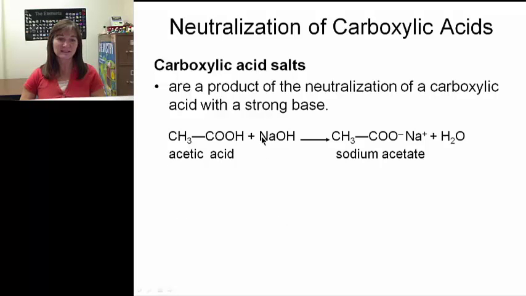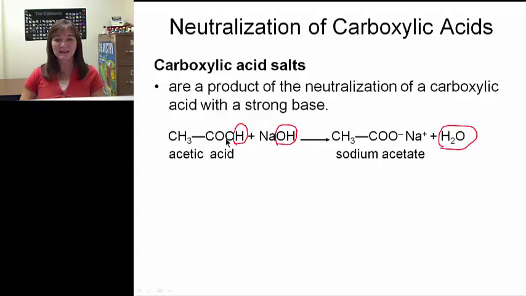So here's acetic acid written with the COOH instead of showing you that carbonyl group. This is the H that the acetic acid is going to donate. This is the OH that the base is going to donate, because remember, one of the definitions of a base is it produces hydroxide in water. These two are going to go together to make water, and that's where we get our water over here.